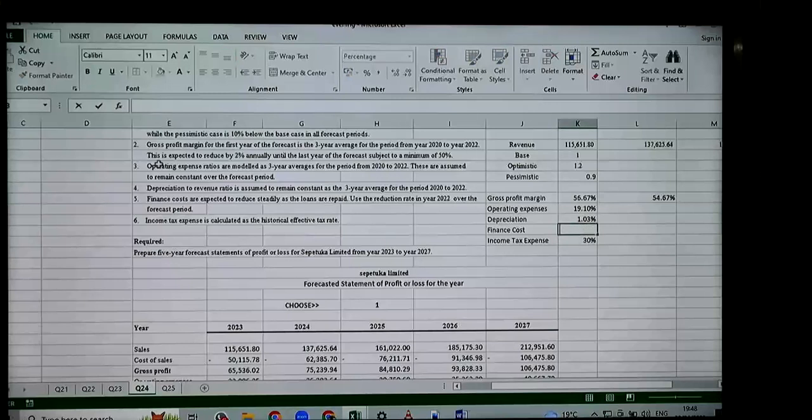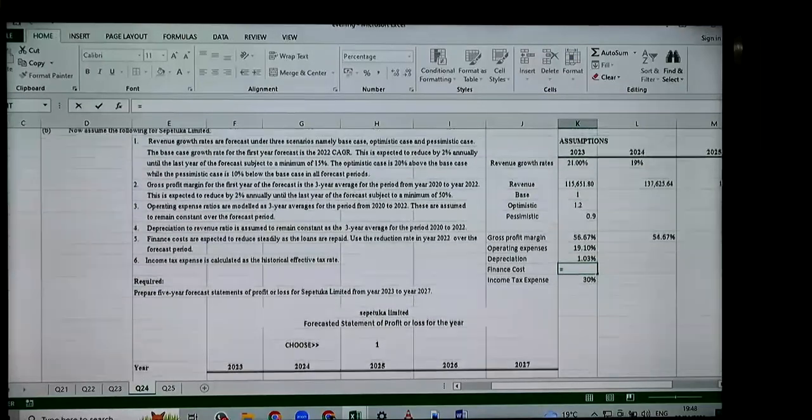You've been told finance costs are expected to reduce steadily as the loans are repaid. Use the reduction rate in the year 2022 over the forecast period. So the reduction rate in the year 2022 equals, so we go to our income statement.